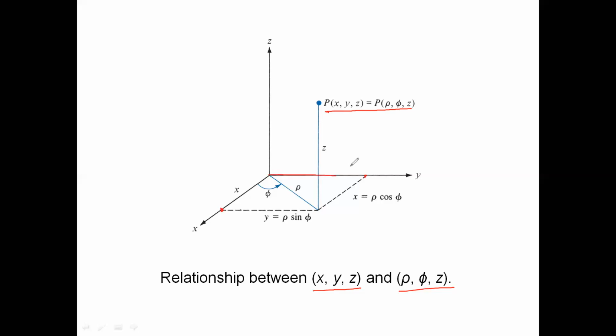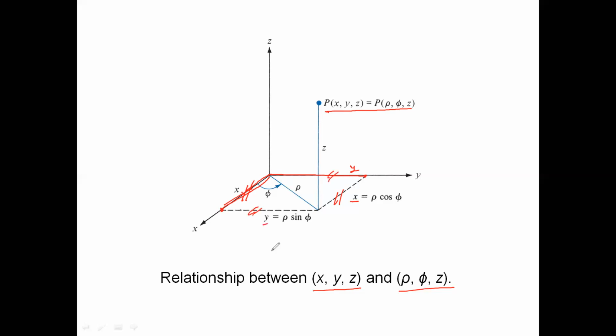This line you can consider as small y, and this distance is small x. As this one is parallel to this one, this x is equal to the same x, and this one is parallel to this one, and this value is the same as this term y.